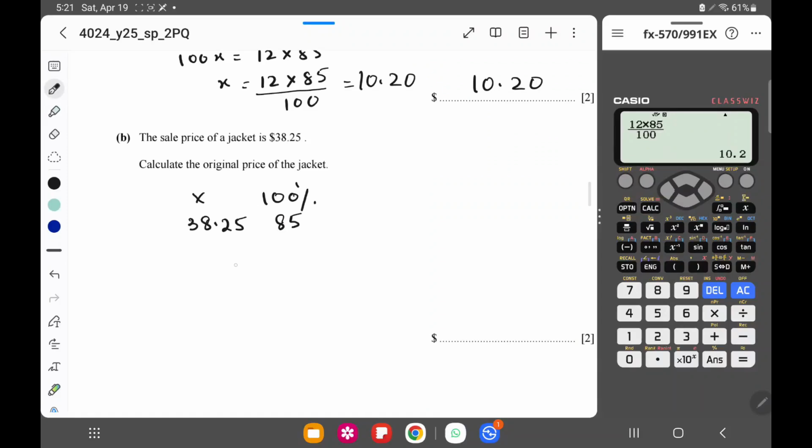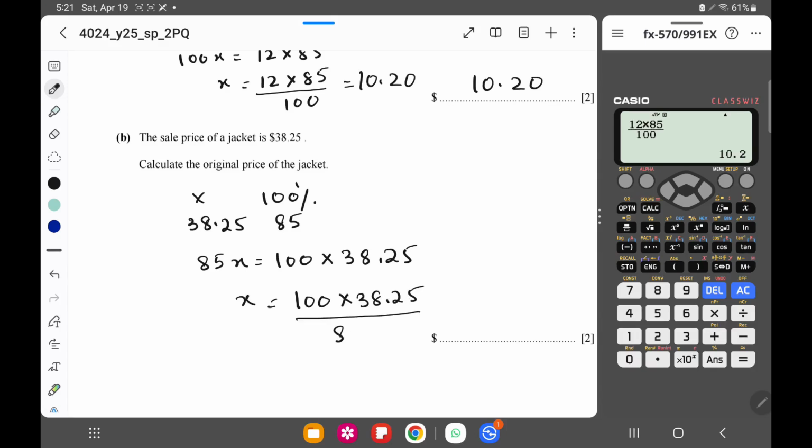Just simply cross multiply. So 85x is equal to 100 times 38.25, so x is equal to 100 times 38.25 divided by 85.